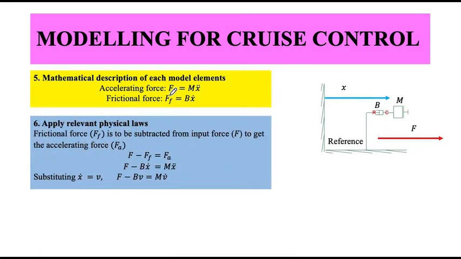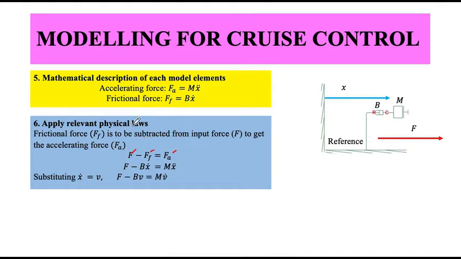So there are physical laws. Once we identify the structure, here I can directly write that the sum of all the forces is 0. This is my external force, this is my frictional force, this is my acceleration force.